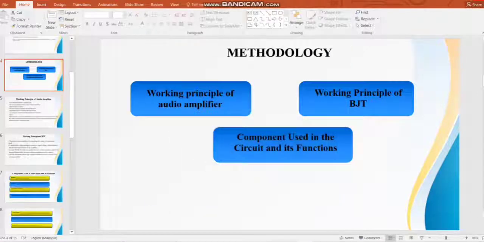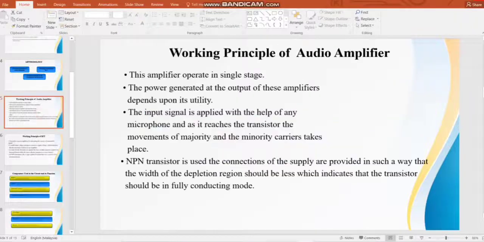Methodology. I will explain the methodology: the working principle of the audio amplifier, the working principle of the BJT, and the components used in the circuit and their functions. First, the working principle of the audio amplifier. This amplifier operates in a single stage.